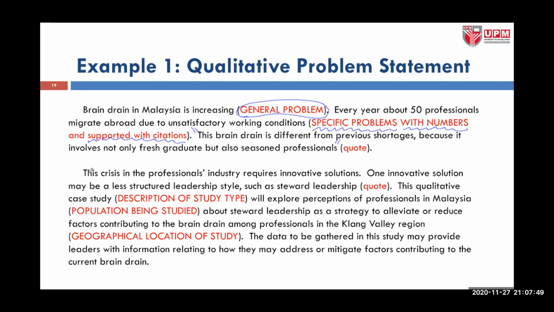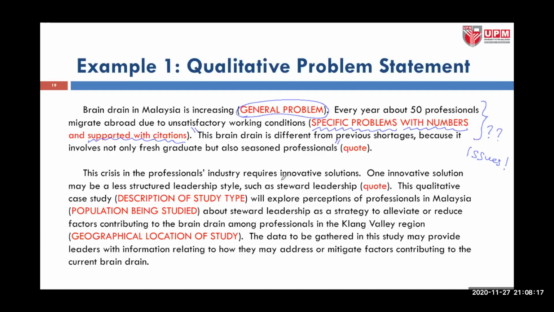Okay, so this crisis in the professional industry requires innovative solutions, right? So you are now trying to say that okay, there are issues here, issues already highlighted in the first paragraph, and then in the following paragraph you are saying that this crisis in the professional industry requires innovative solutions.